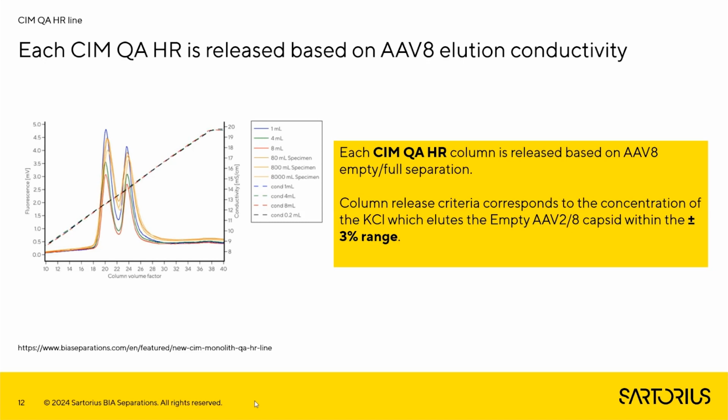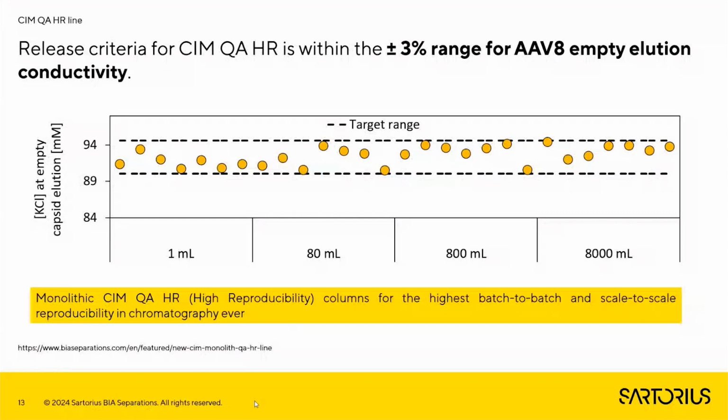It's really reproducible, and this demonstrates our commitment to quality and consistency across the entire spectrum of the product line. Release criteria are stringent, with a tolerance of only plus minus 3%. This sets a new benchmark for batch-to-batch and scale-to-scale reproducibility in chromatography. In other words, processes developed at small scale can be seamlessly translated to manufacturing scale when using the QA-HR line.